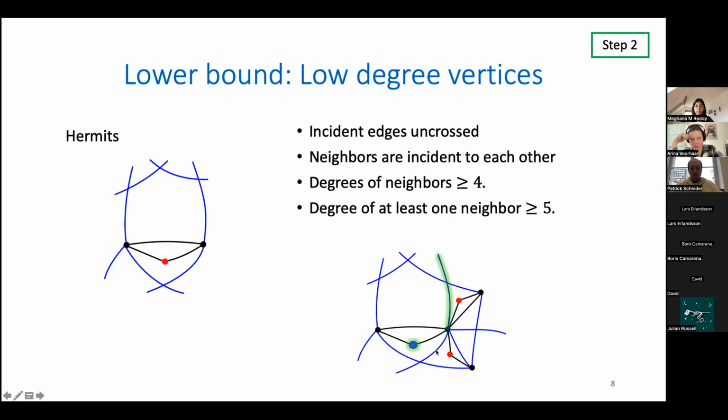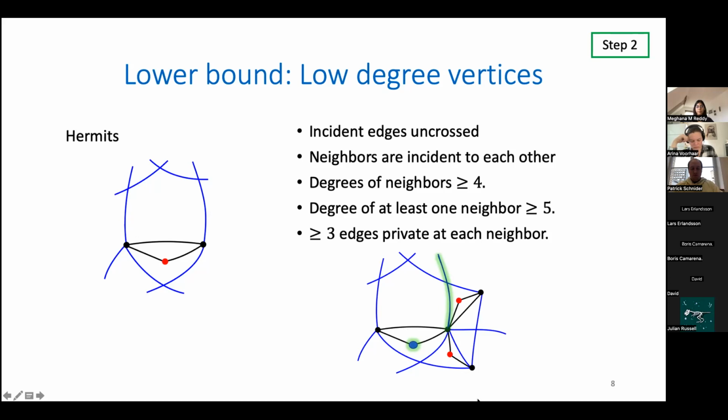Then we take the next boundary edge, assign it to the next hermit, and so on. By doing this, we get that each hermit has 3 private edges at each neighbor. And how do we obtain 3? We have one boundary edge and one edge that is incident to the hermit, and also the base of the hermit.